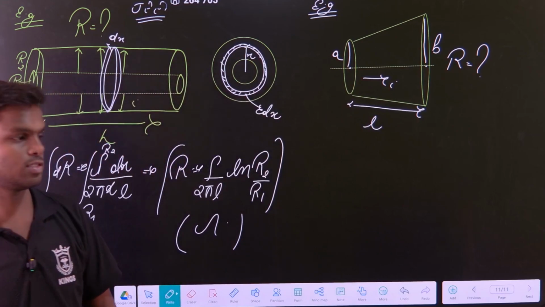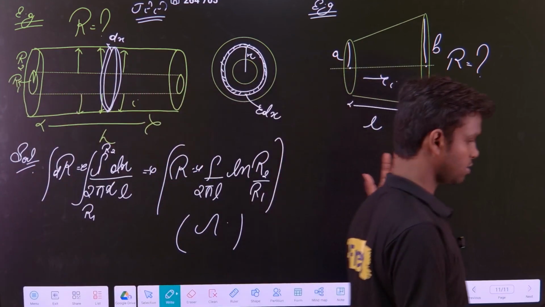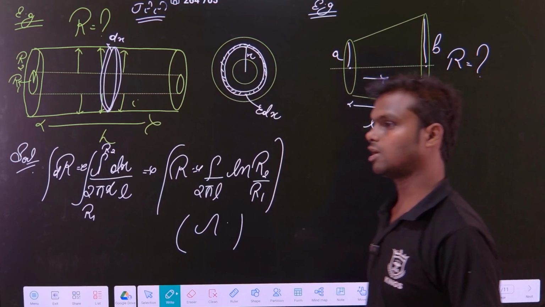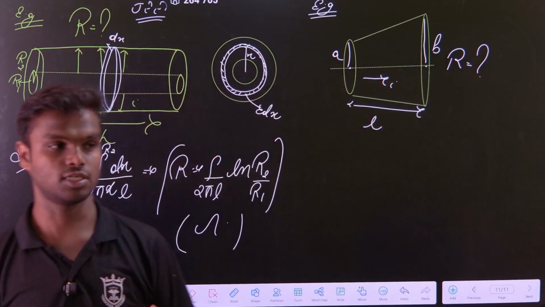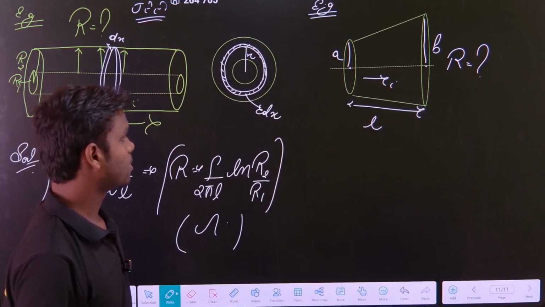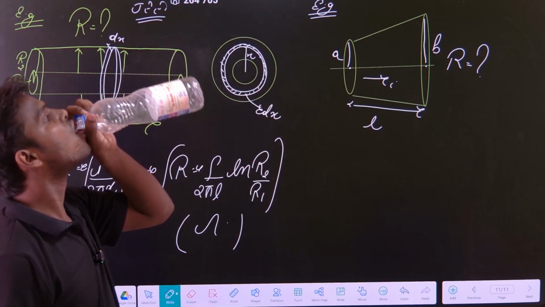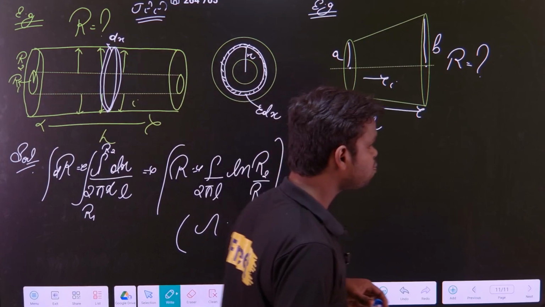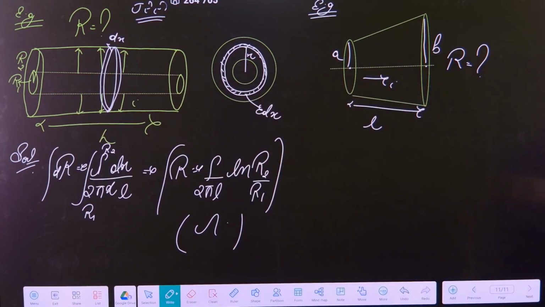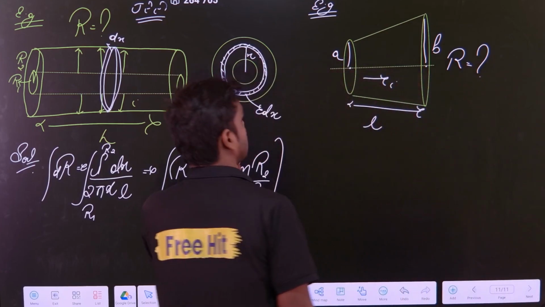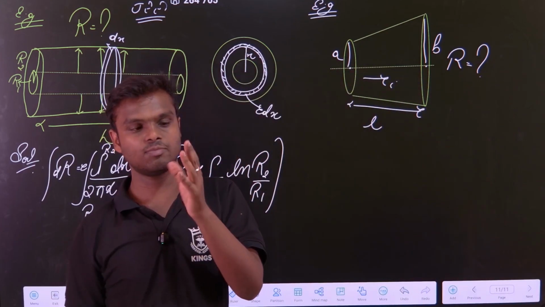What is fixed? What is changing here? See, you have to think. Otherwise, they can give you any geometry and directly ask you to calculate. That is why you have to think. This is also a previous year question only. So first tell me what is changing here.